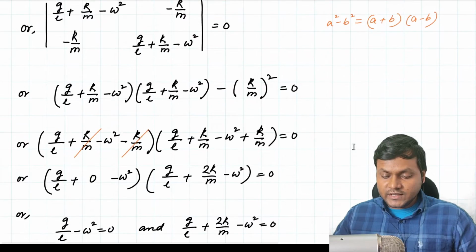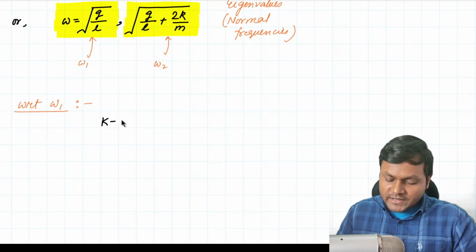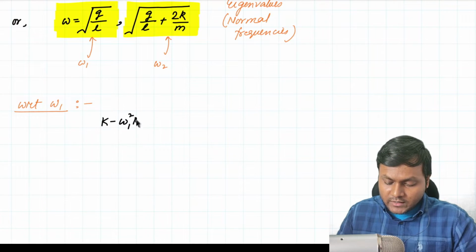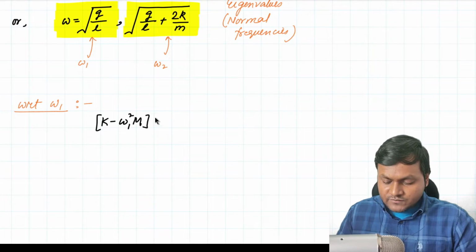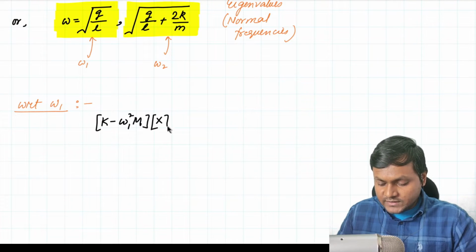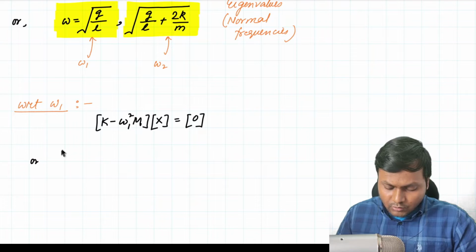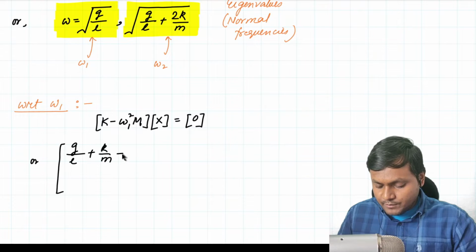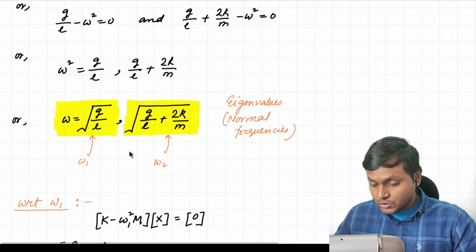Well, we take the characteristic equation (k minus omega 1 square m) in matrix form, and then you have some kind of a vector x, which gives you 0. All right, so let me write down the entire system. So k was g upon L plus k upon m minus omega 1 square, right?